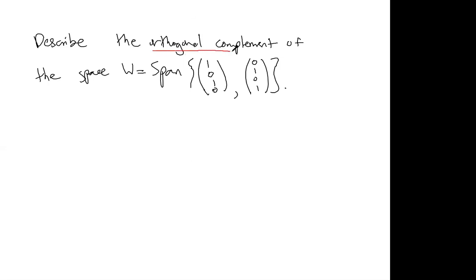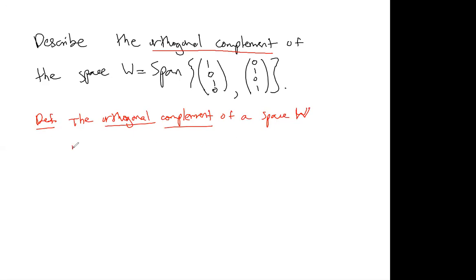Let's remember what this means. The orthogonal complement of a space W is all the vectors that are orthogonal to every vector in W. It's denoted W perp.